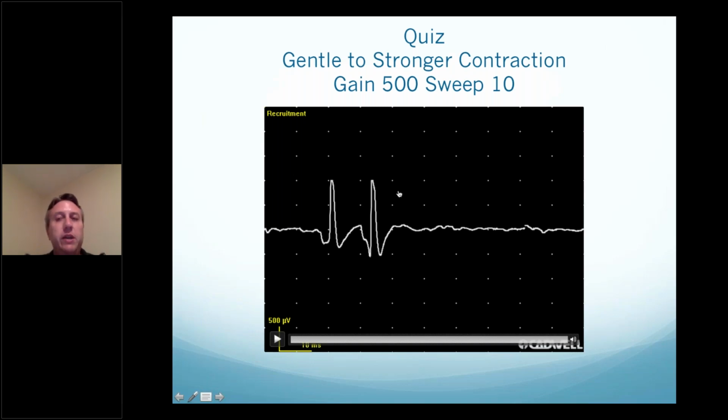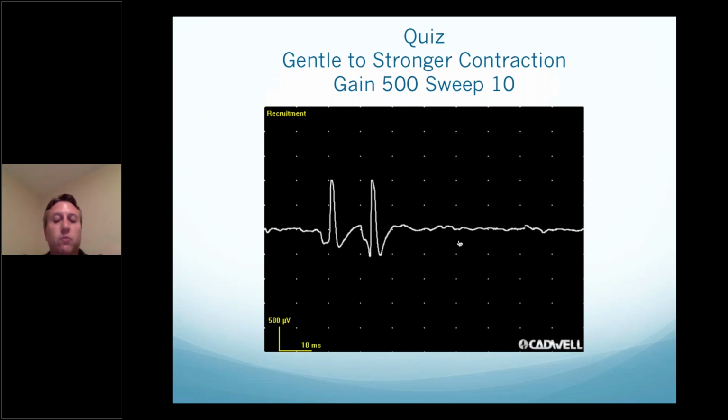So this would be the neuropathic or reduced recruitment. It's important that you realize that it goes from a gentle to a stronger contraction, because the person contracted harder, but there were no more motor units that became available.